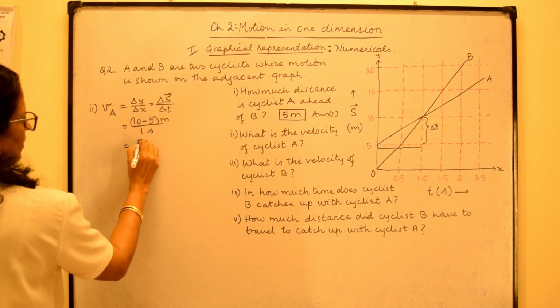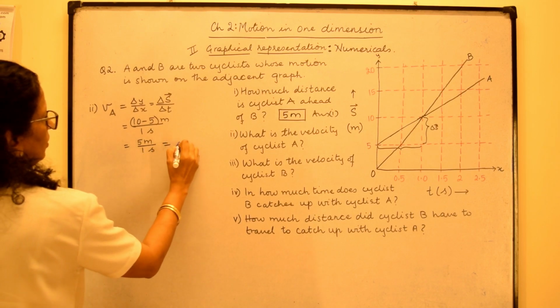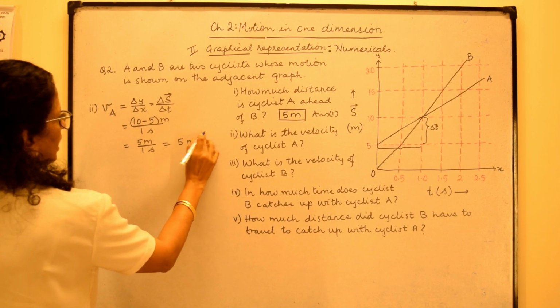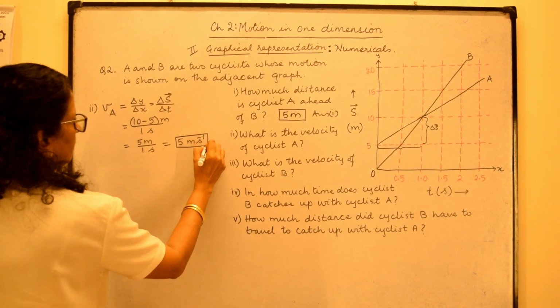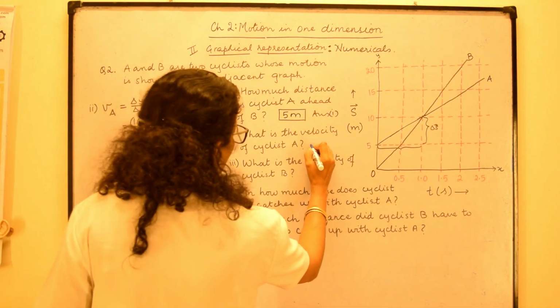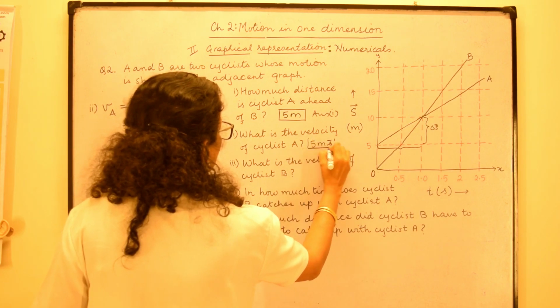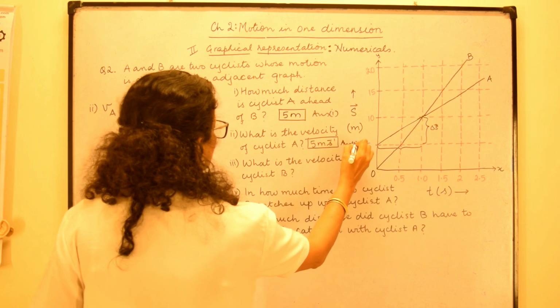And so you get 5 meters upon 1 second, and velocity therefore of A is 5 meter per second. So we have 5 meter per second, and that is our answer 2.